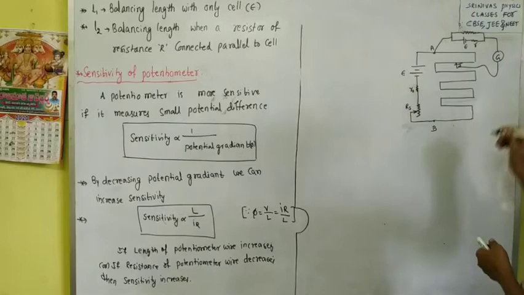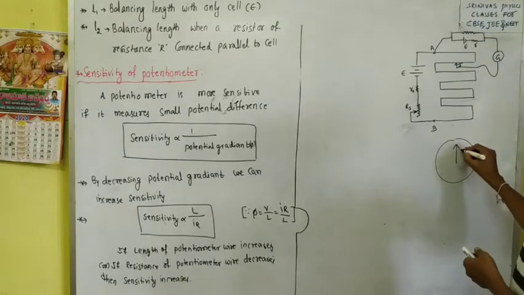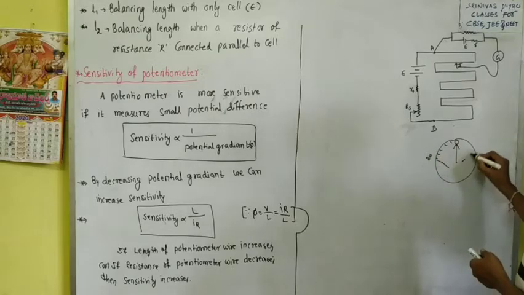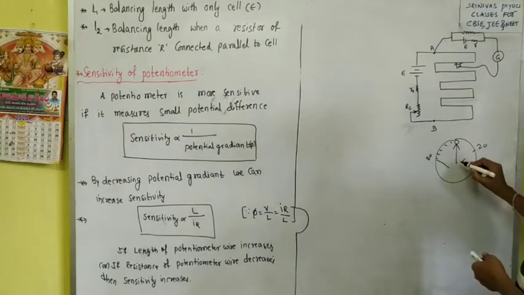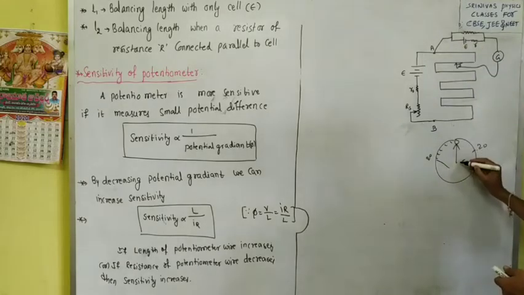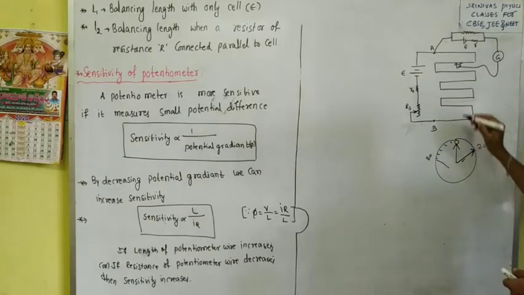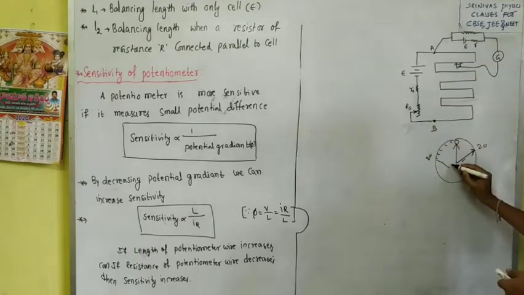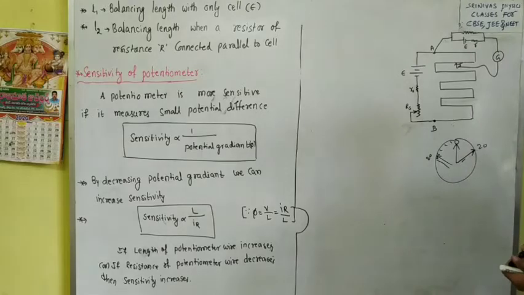First, you press the jockey at this point. The galvanometer shows one side deflection. The galvanometer has zero at the middle; this side readings will be 20, and this side readings will be 20. When we press the jockey at point A, the galvanometer should deflect to one side. When we press the jockey at point B, the galvanometer pointer should show deflection in the opposite direction, right?